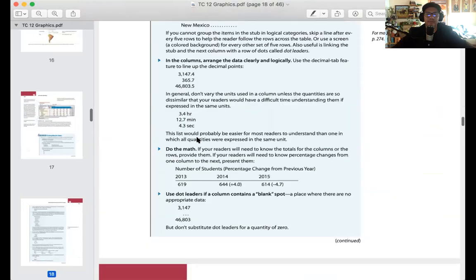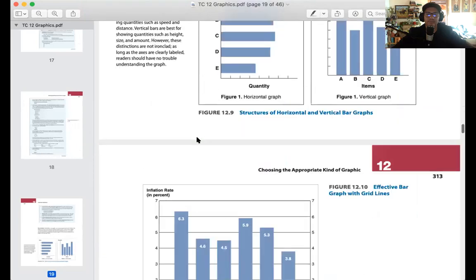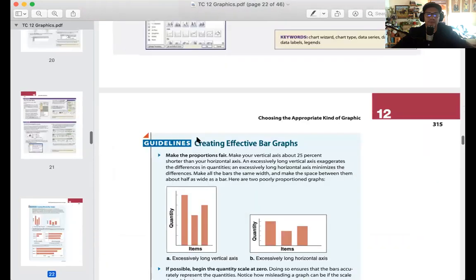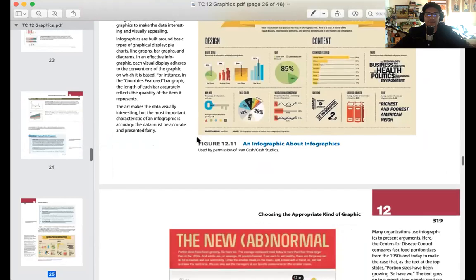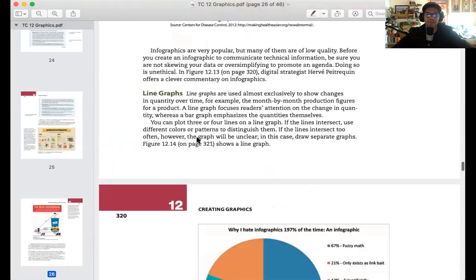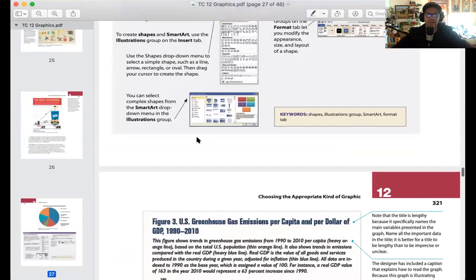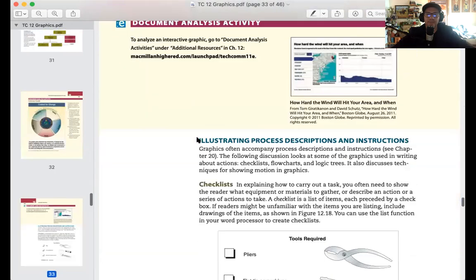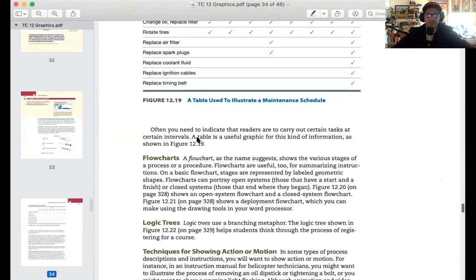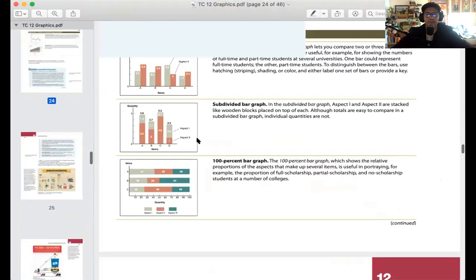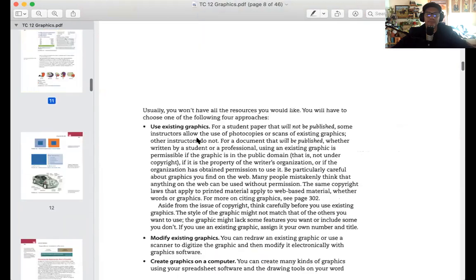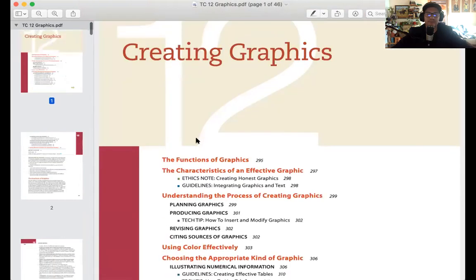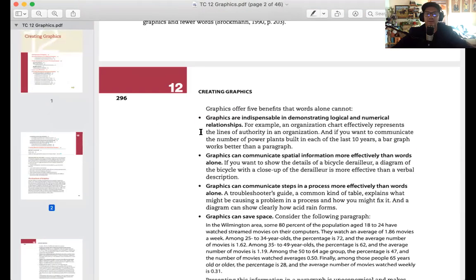And it breaks it down and explains a lot of good information here about creating graphics, and shows a lot of examples here, gives you tips on how to create them all. All right, so use this. Yes, you need to scan through it and read it, but you don't have to read it in the same way that you would read other chapters because it's a little bit like a dictionary, right?